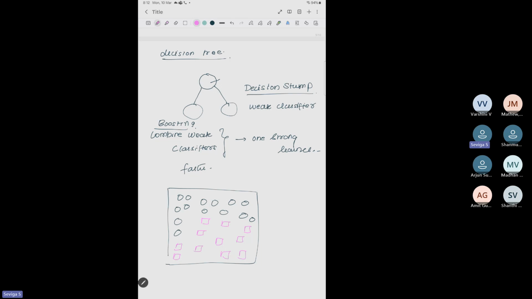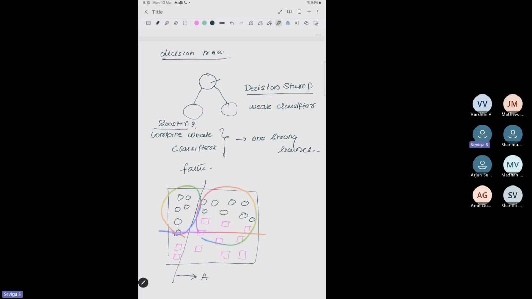Suppose I split this data with a line like this, and let this line be a classifier called A. On the upper side, it is classifying appropriately, with all the circles on one side and the rest on the other side.